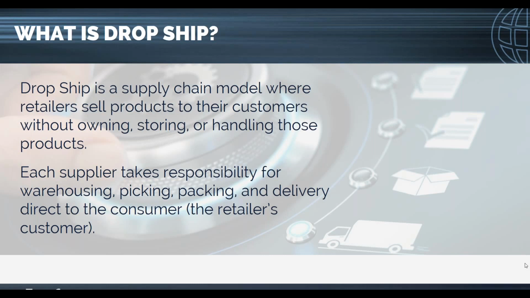And often the initial purchase by the consumer takes place through the retailer's website or web shop, but it could be through an online marketplace used by the retailer. But it could be an in-store order. I could walk into a physical store, order something that's not in stock, and the retailer may choose to deliver that to me via a dropship model.